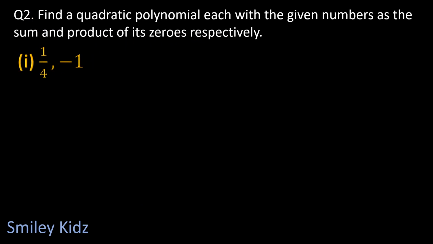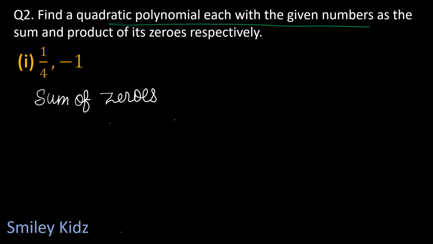So the second question says, find the quadratic polynomial each with the given numbers as the sum and the product of its zeros respectively. So here we are being given the sum of the zeros, that is alpha plus beta, as 1 by 4.